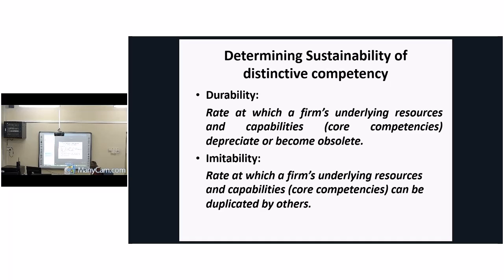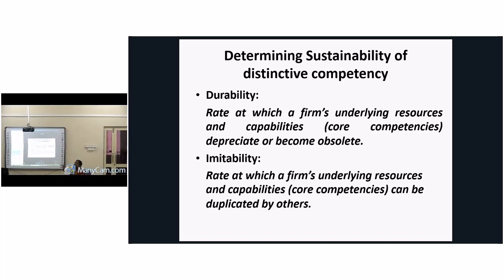Because someone else has copied and duplicated it, you are unable to gain competitive advantages by using that particular competency. It doesn't give you competitive advantages. So in terms of competitive advantages, your competency should be sustainable.